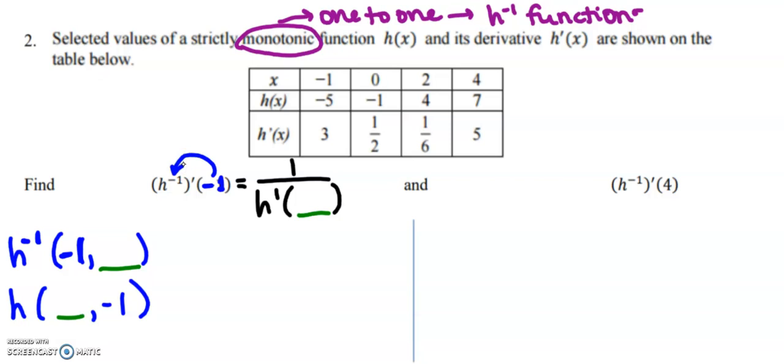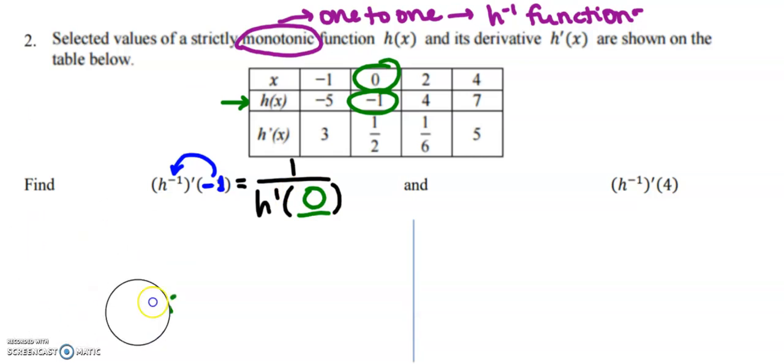Well, why is this helpful for us? Based on what we have, we can use this buddy to figure out this mystery value that I need. H is supposed to have an output of -1. Well, here's H with an output of -1 when the input was 0. So this becomes 0, 0, 0, and my buddy has served its purpose, okay?